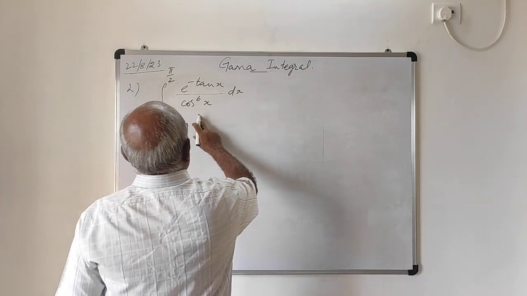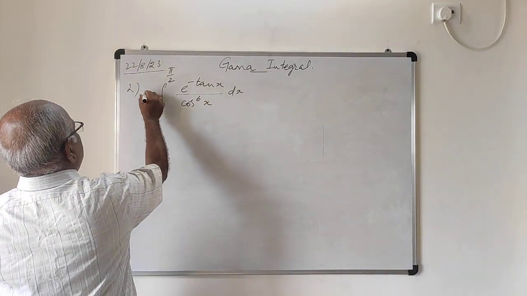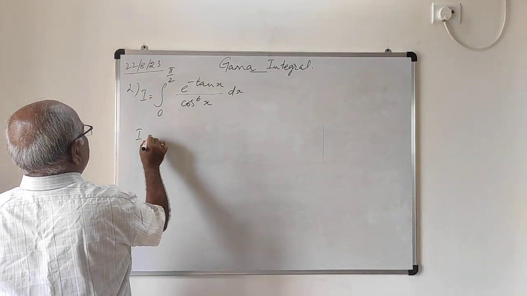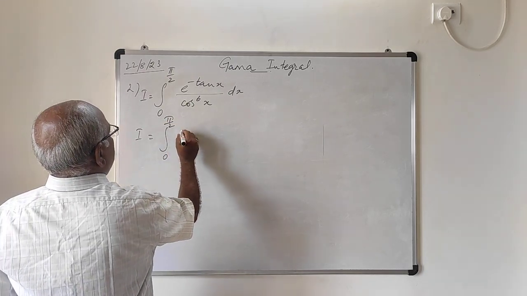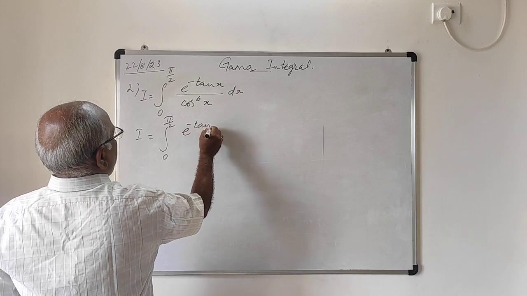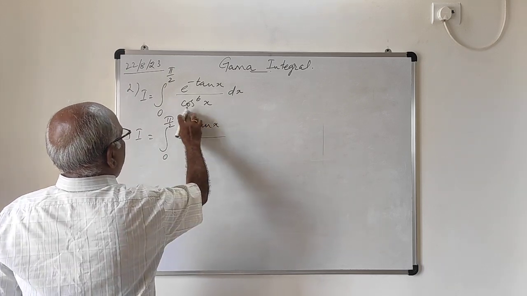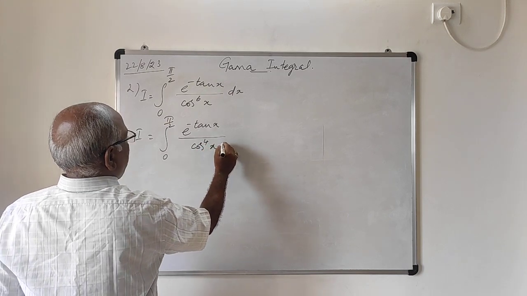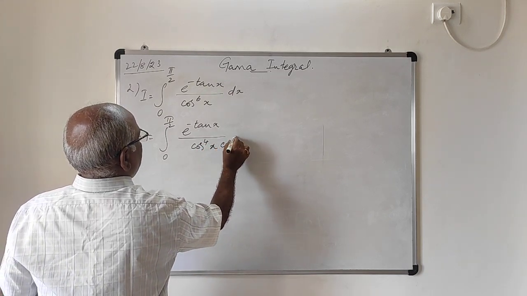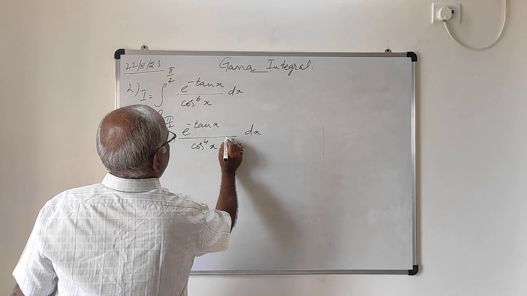You can rewrite this problem as follows. Consider the integral I equal to integral 0 to pi by 2 e power minus tan inverse of x, and split cos power 6 as cos power 4x into cos square x dx.